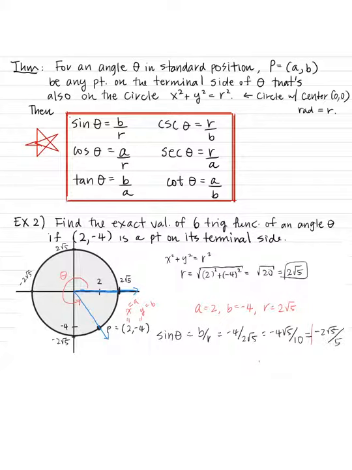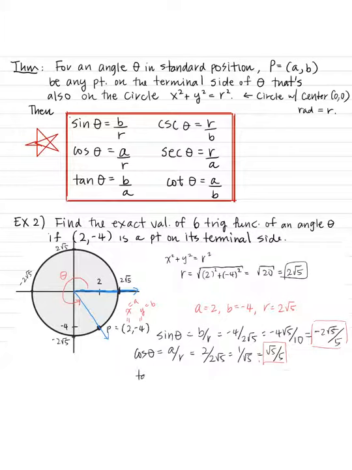Okay, so that's the sine of theta value. All right, now let's go with the cosine. Cosine of theta is a over r, which is 2 over 2 square root of 5, which is 1 over root 5. Rationalize to get root 5 over 5. Okay, we've got the sine and cosine, so we're all good to go.